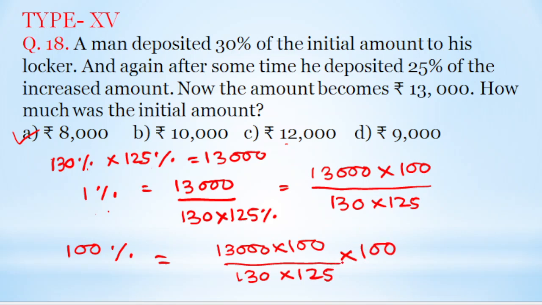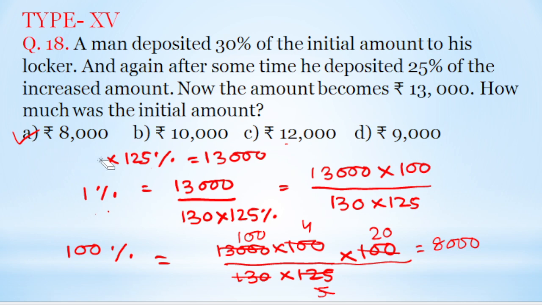Now 13,000 divided by 130 becomes 100, and when this 100 is divided by 25, it becomes 4, and 125 divided by 25 becomes 5. Again when this 100 is divided by 5, it becomes 20. That means that is equal to 8,000. That means option A is the right answer.